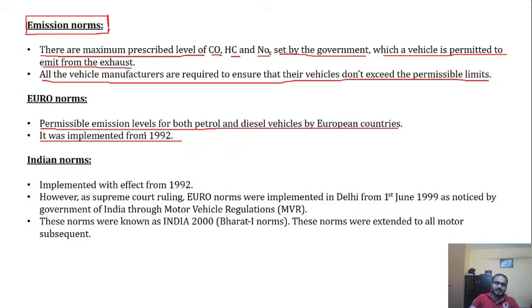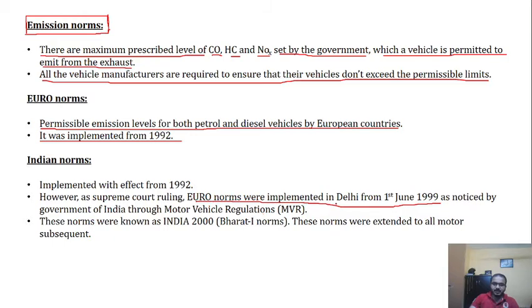And now let us discuss the Indian norms. So here, implemented with effect from 1992. However, as per the Supreme Court ruling, EU norms were implemented in Delhi from 1st June 1999 as notified by the Government of India through motor vehicle regulations.